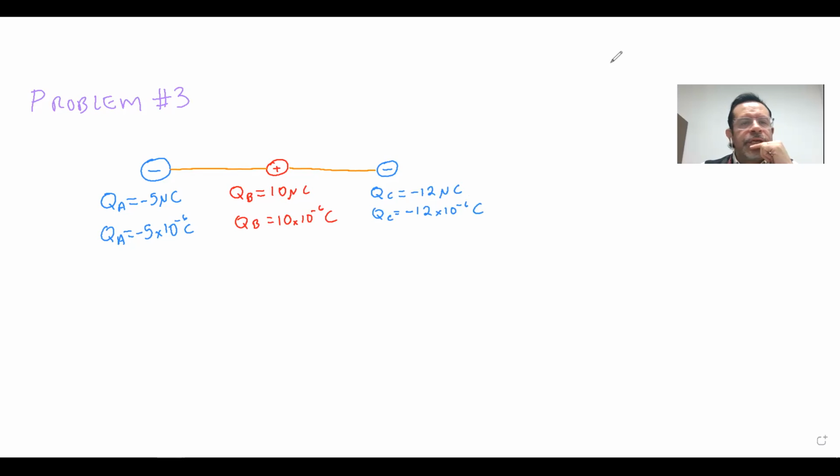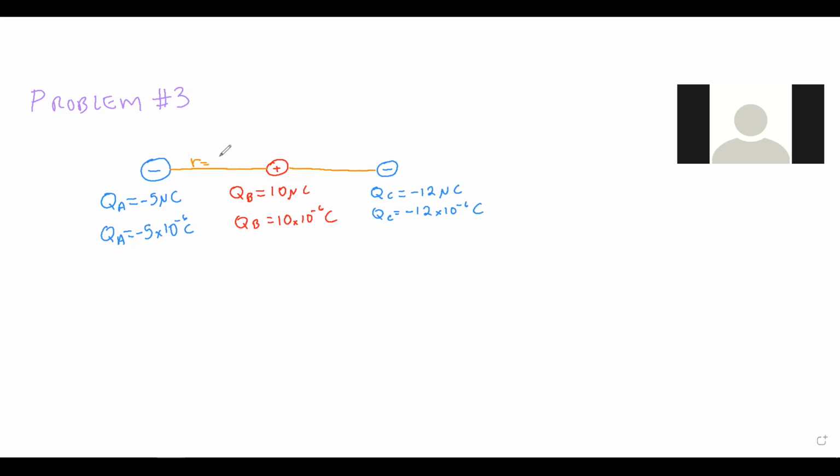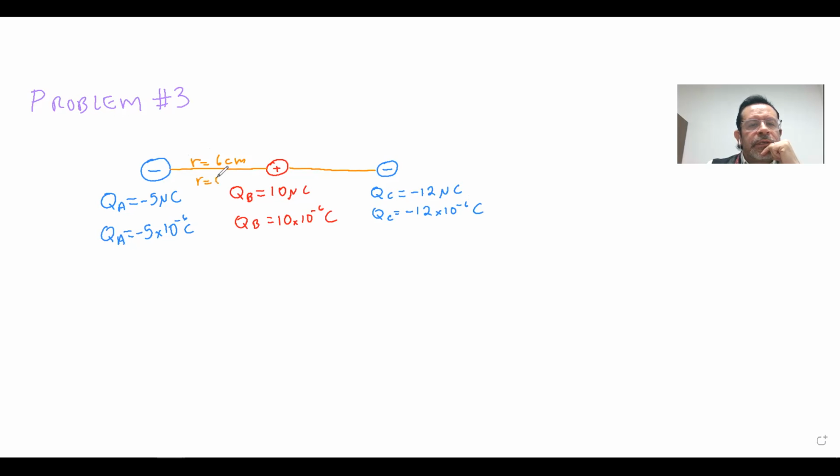And there are distances here. What is the distance between A and B, Angels? 6 centimeters. 6 centimeters, and we know that that is equivalent to 0.06 meters. Okay.